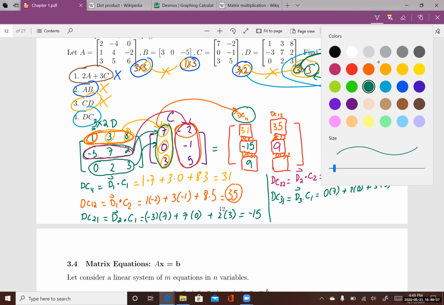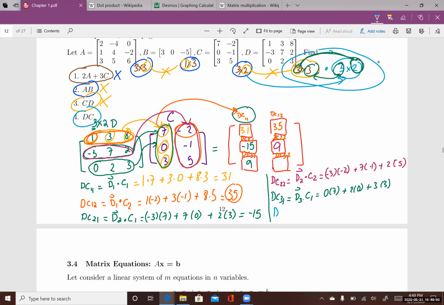Last entry, DC32: the third row of D and the second column of C. You take 0 times -2 plus 2 times -1 plus 3 times 5, which is 15 minus 2, which is 13. So now we just finished a matrix multiplication problem, and the result is 31, 35, -15, 9, 9, and 13.